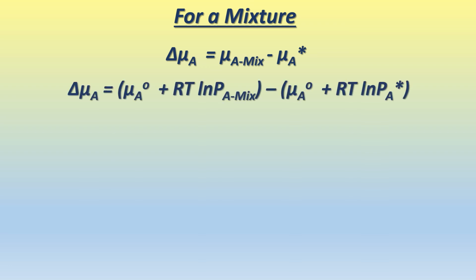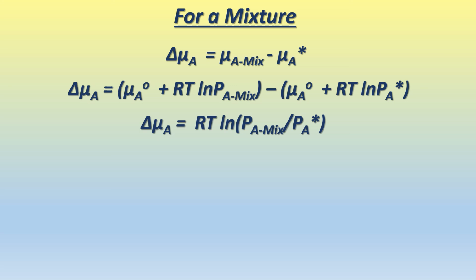Expanding that out, the potential of the solvent in the mixture is the standard potential of the solvent plus RT times the log of the vapor pressure of A in the mixture, minus the pure state, which would be the standard state plus RT log P star. Straighten this out. The change in potential to form the mixture is RT times the log of the vapor pressure of the solution over the vapor pressure of the pure solvent.